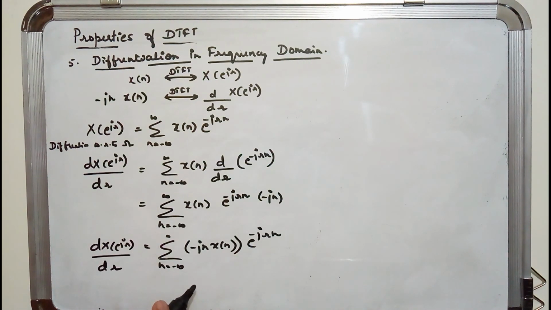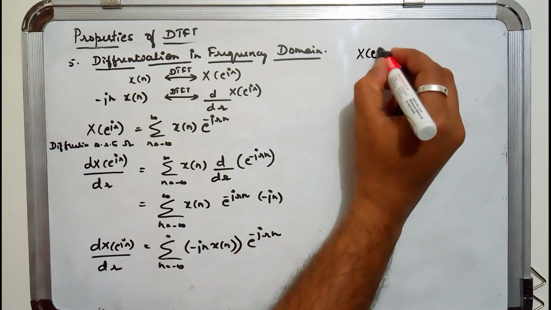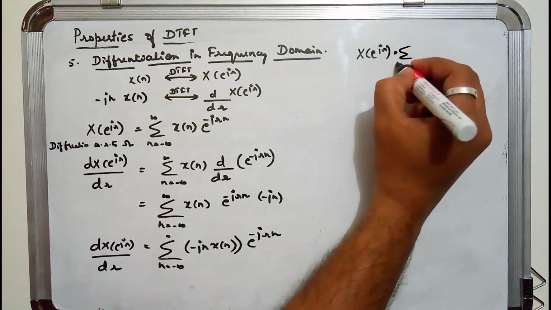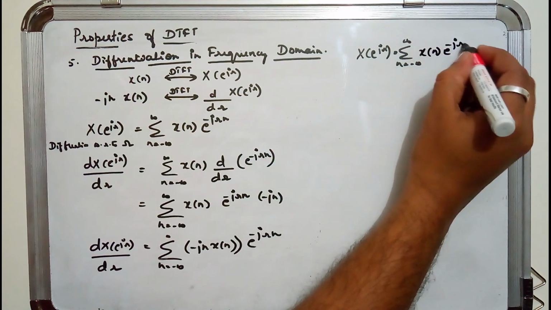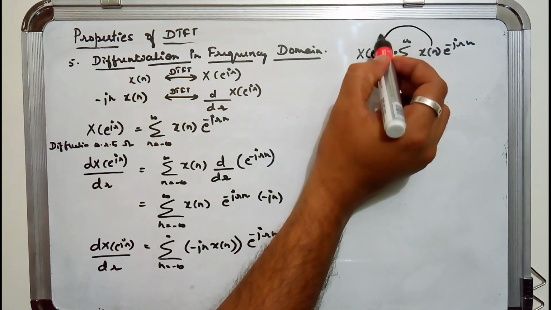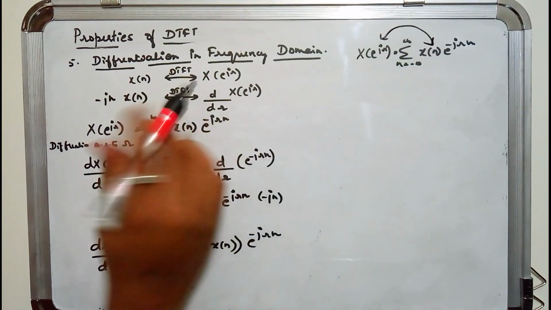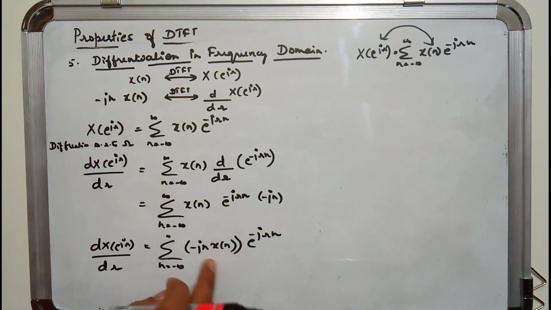Now if you have x of e power j omega as summation n is equal to minus infinity to infinity x of n e power minus j omega n, then we write x of n forms a DTFT pair with x of e power j omega. Now in place of x of n, if you have minus j n x of n, then this will form a discrete time Fourier transform pair with this function.